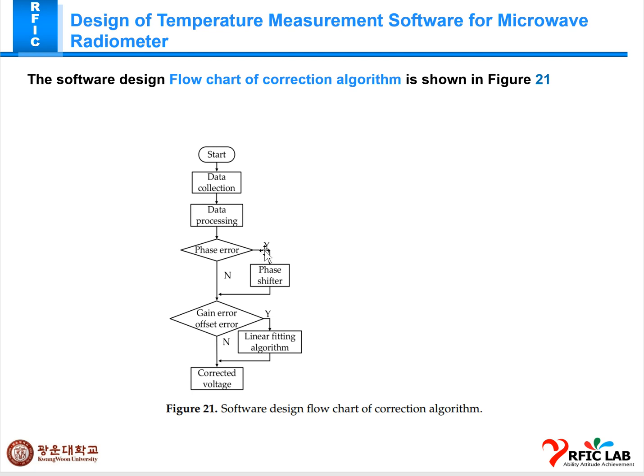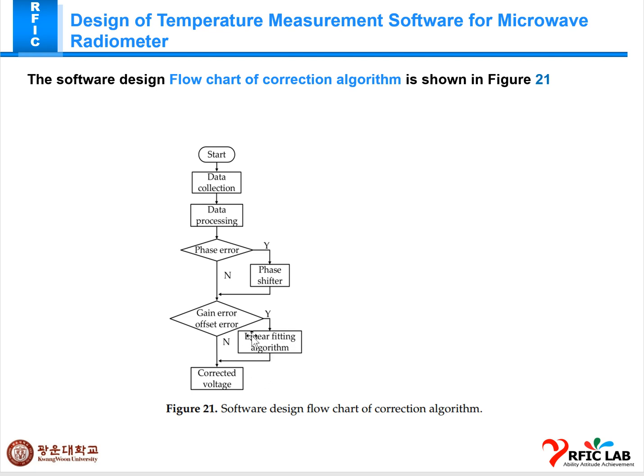When the phase error is true, it goes to the phase shifter, then to the gain error offset. If the phase error is false, it goes directly to the gain error offset. The gain error offset check also gives true or false. If the gain error is true, it uses the linear fitting algorithm.